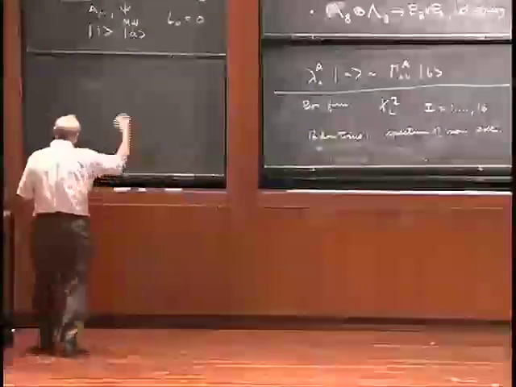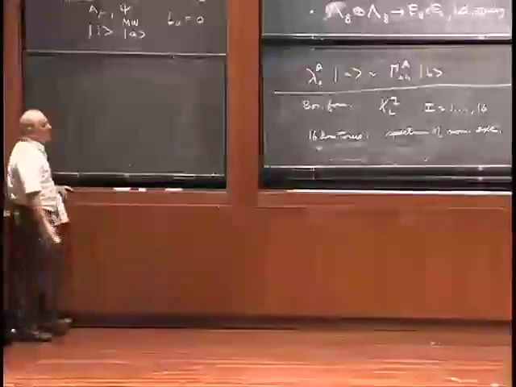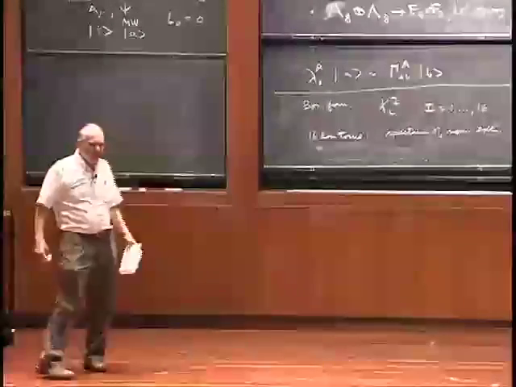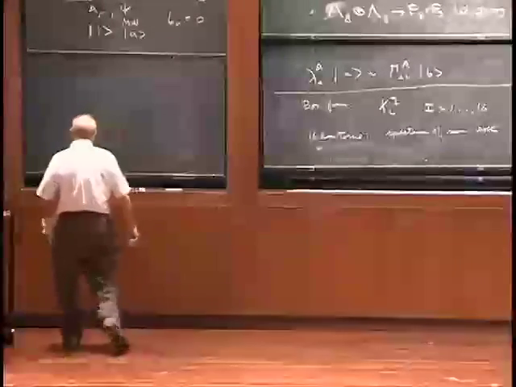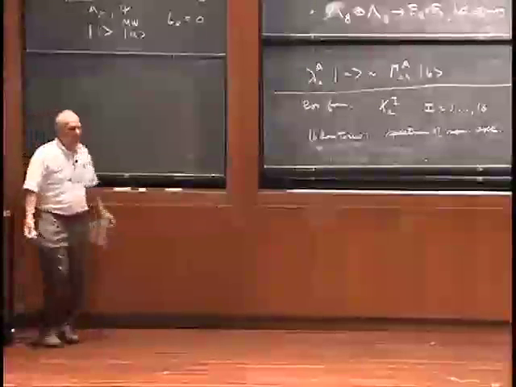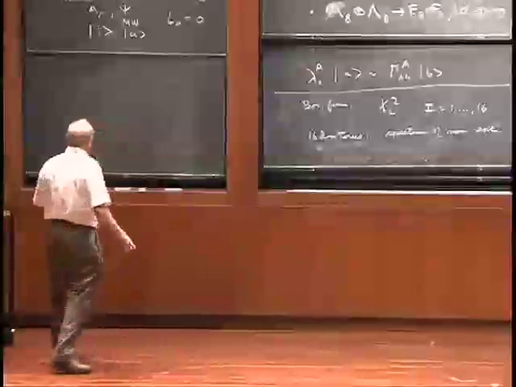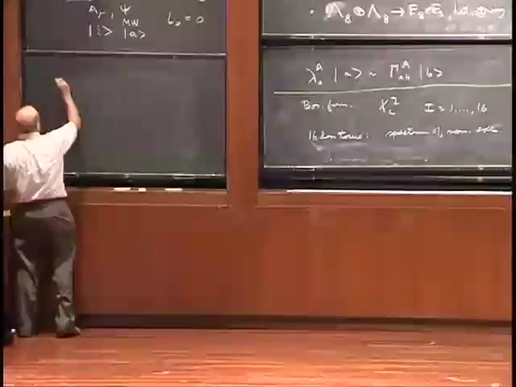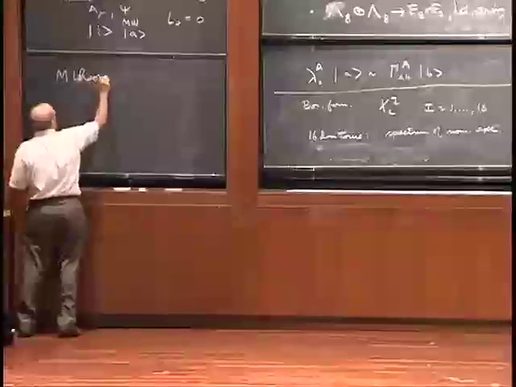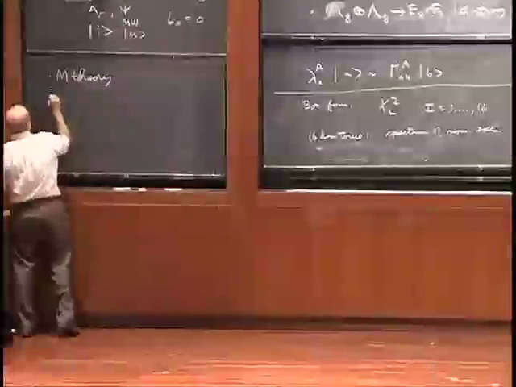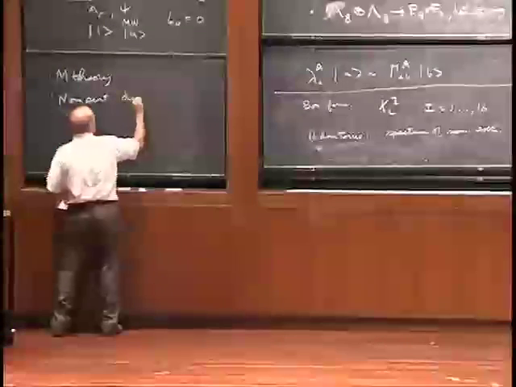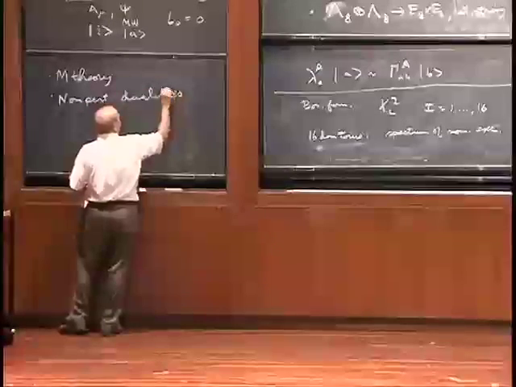And everything that I've discussed yesterday and so far today are things that can be understood within a perturbative framework. And it was clear to everybody in the business for a long time that we needed more, but it took a while to figure out how to get our hands on it. And the things that were developed are something called M theory, and also what I could call non-perturbative dualities. So I want to say a little bit about these things.